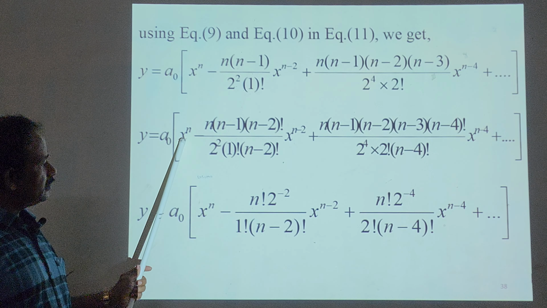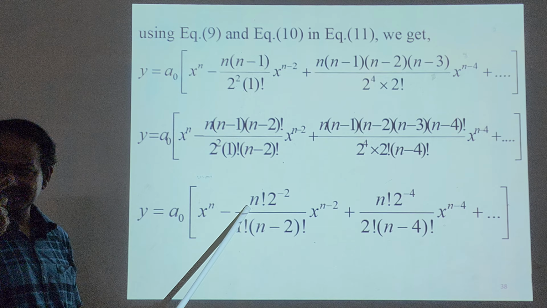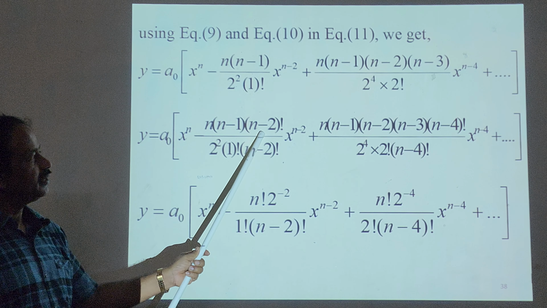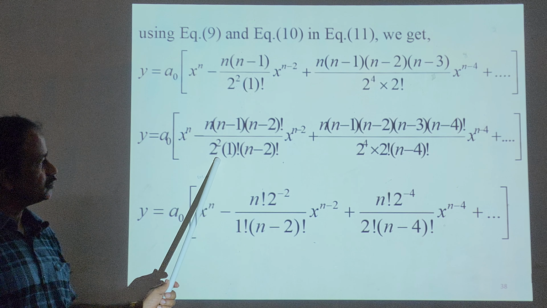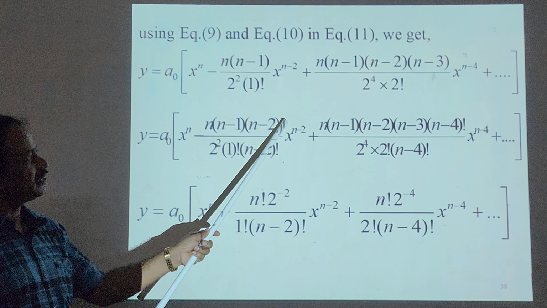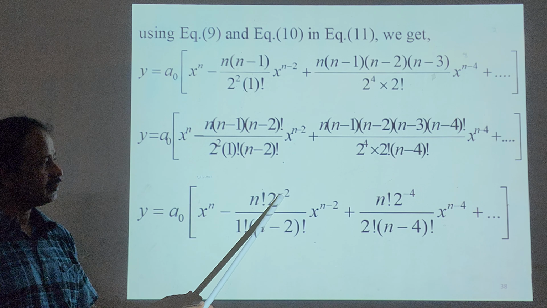See now, the first term let it be like this. Okay, n into n minus 1, n minus 2 is nothing but n factorial, which you have studied already. n factorial is n into n minus 1, n minus 2. Okay, then 2 squared x to the power n minus 2. Okay, 2 squared I can bring to the numerator, so that will be 2 to the power minus 2.